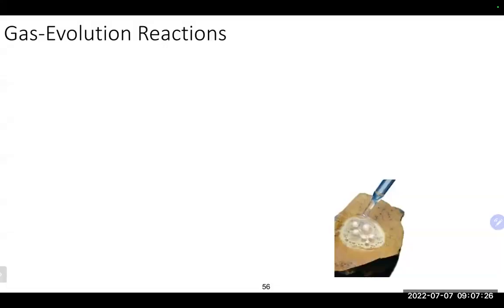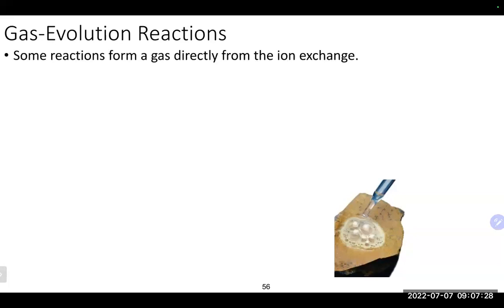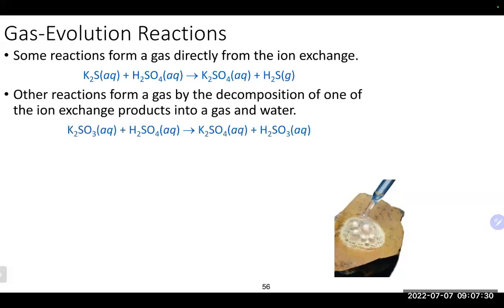Now, sometimes double displacement reactions actually result in gases being formed. So, we talked about water being formed. We talked about solids being formed. Another result of some double displacement reactions is generating some type of gas as an end product. Sometimes the gas is generated directly as a result of the ions swapping around and switching.